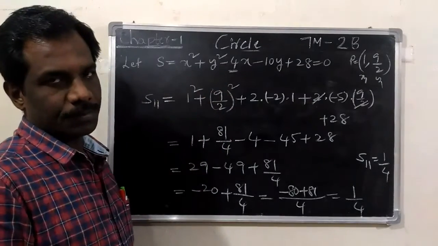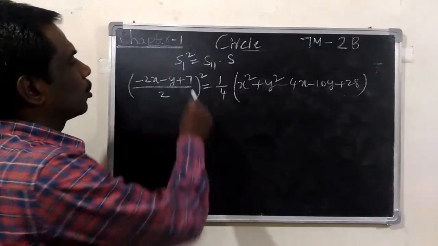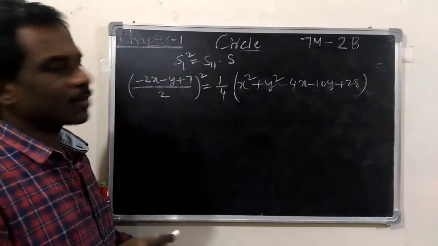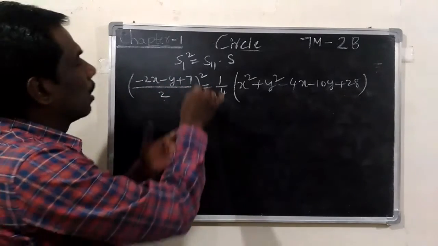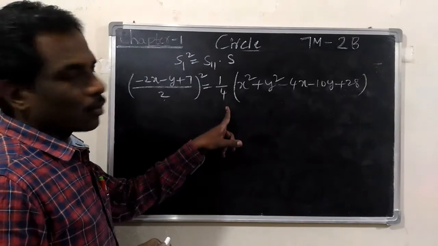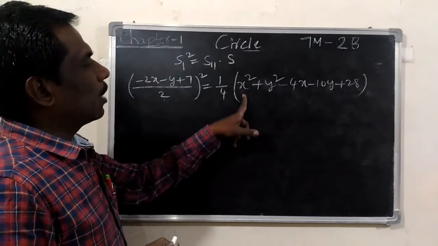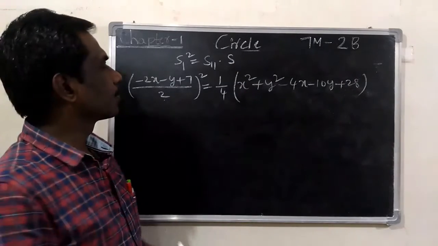Now I am going to substitute the S value, S1 value and S11 value in the equation of the pair of tangents. In place of S1, it is (minus 2x minus y plus 7 by 2) whole square, equal to S11 which is 1 by 4, into S, which is x square plus y square minus 4x minus 10y plus 28.